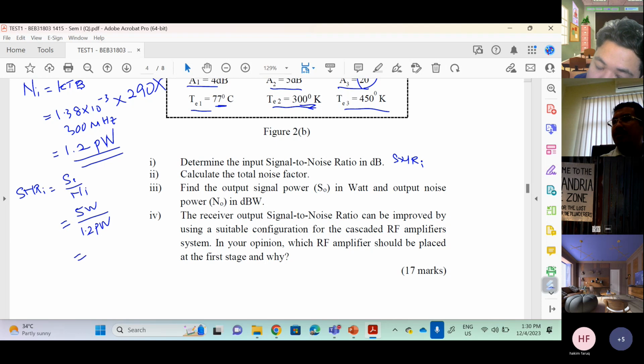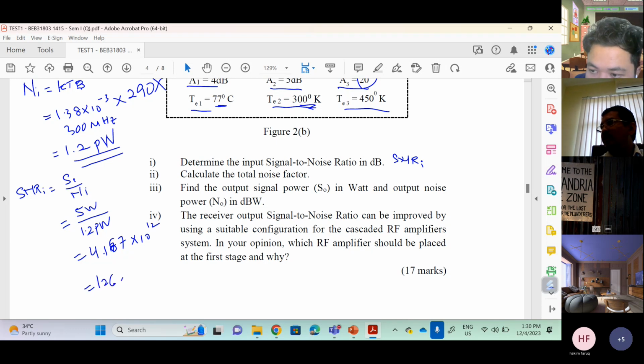So I get 4.167 times 10 to the power of 12. You can correct me if I'm wrong. If you do it in decibels, you take 10 log of this value, and you will get 126.198.